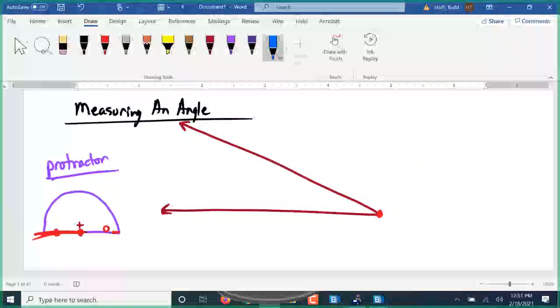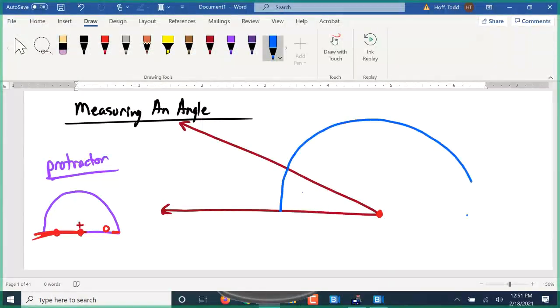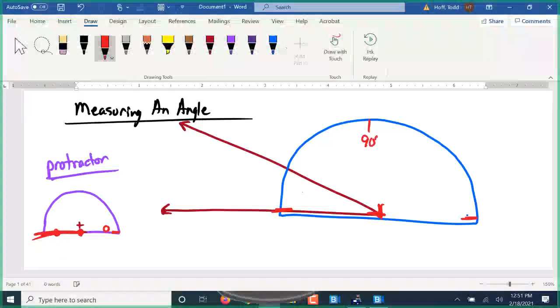So let me draw in the protractor on this here. A little bit better than that. There's the protractor. This is the 0 degrees, and this is my starting point marked. This will be the 0 point over on the other side. Of course, this is going to be 90 degrees.